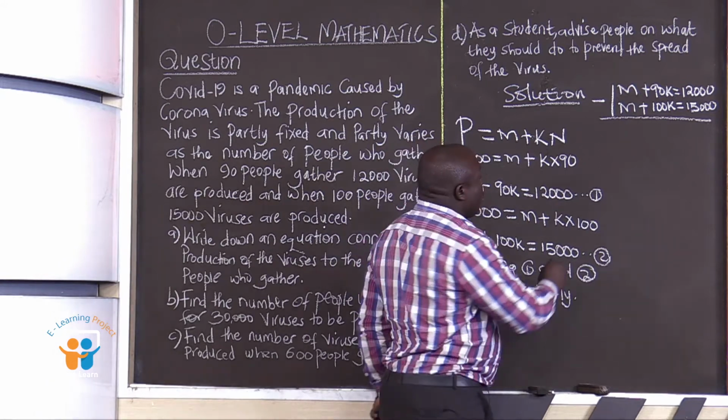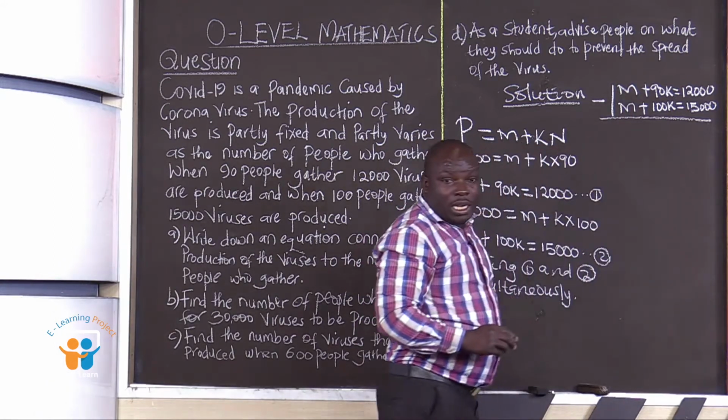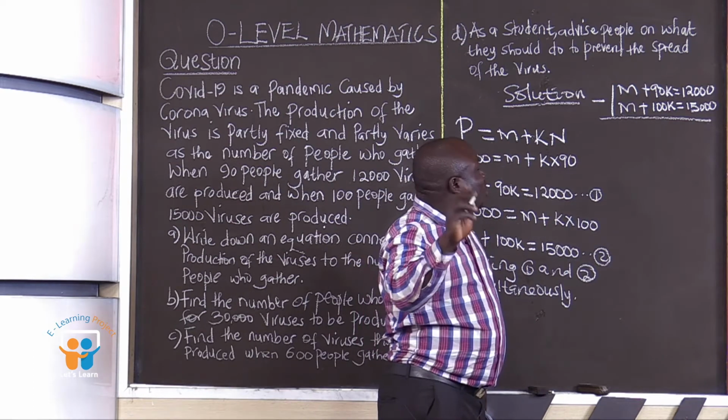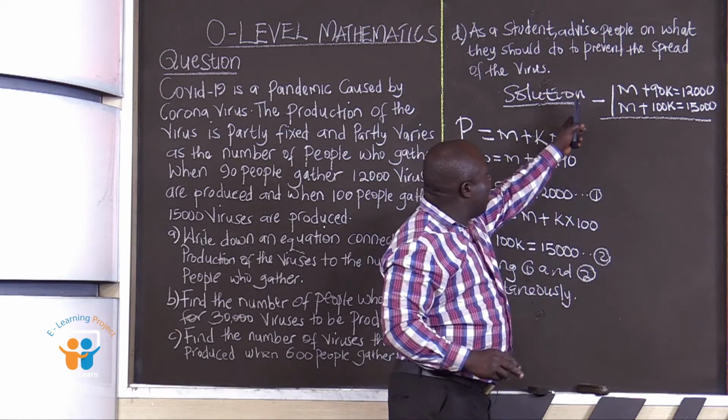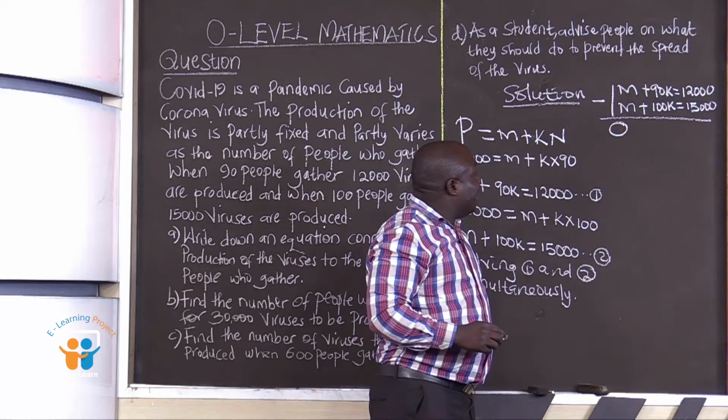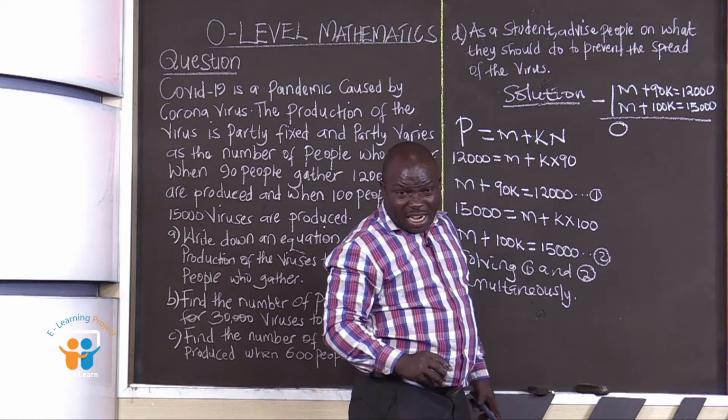M minus m is what? No, it is not 20m. 1m minus 1m, 0. M has disappeared.